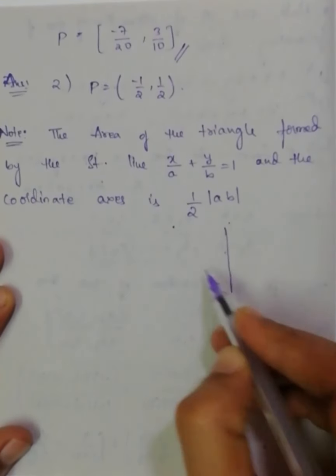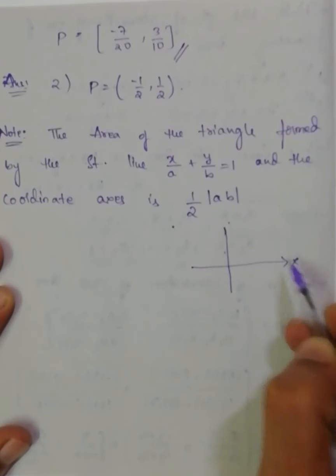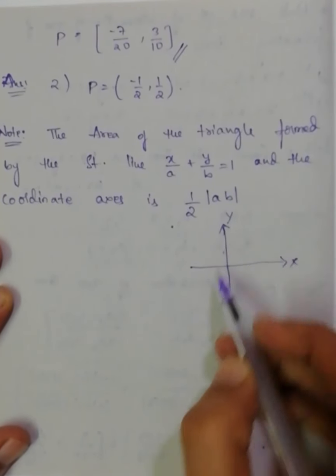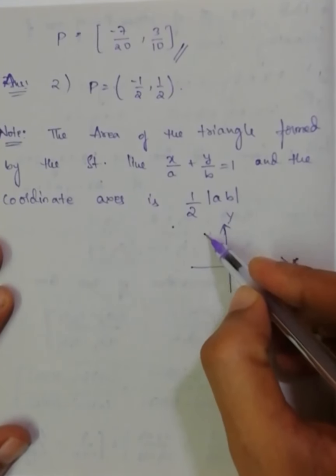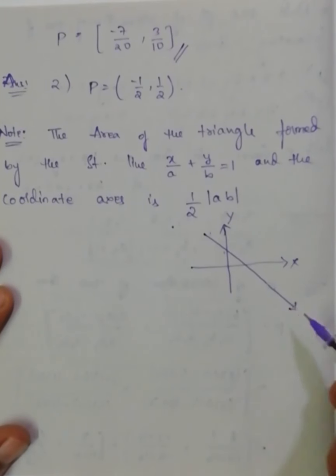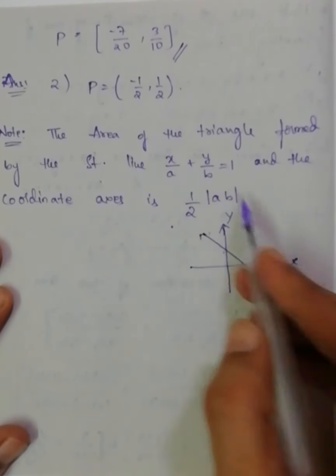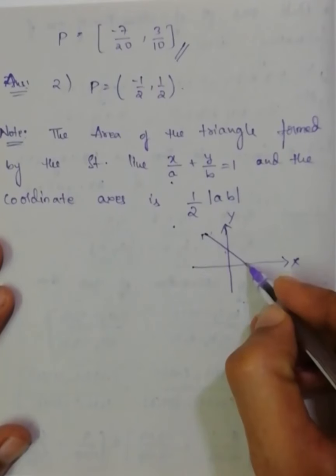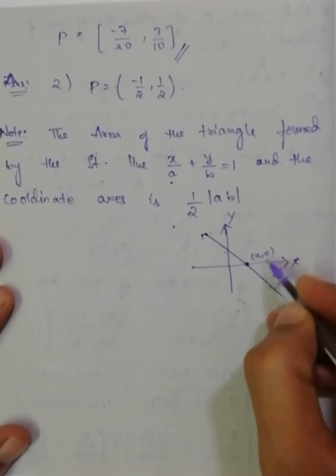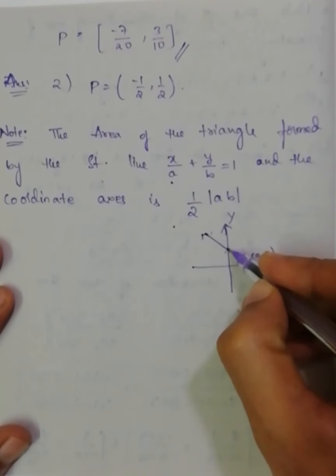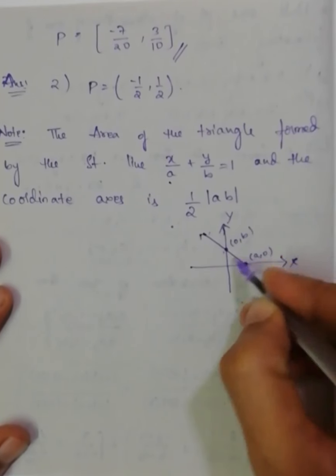Let us take, this is the coordinate axis, this is x axis, and this is the y axis, and this is the equation of a straight line. This is the line, and a is the x-intercept, then this point is a comma 0. b is the y-intercept, then this point is 0 comma b.